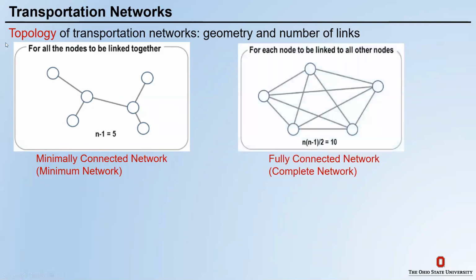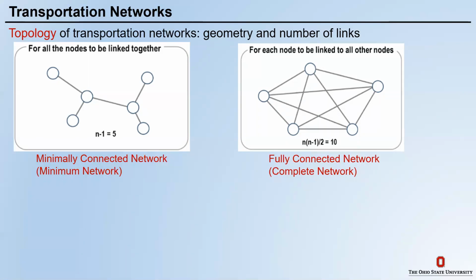Very simple. So we have another type of network called fully connected network or complete network, for each node to be linked to all other nodes. Okay, so in this network, each node is connected to all other nodes, which means that you have to exhaust all possibilities for each node, right?